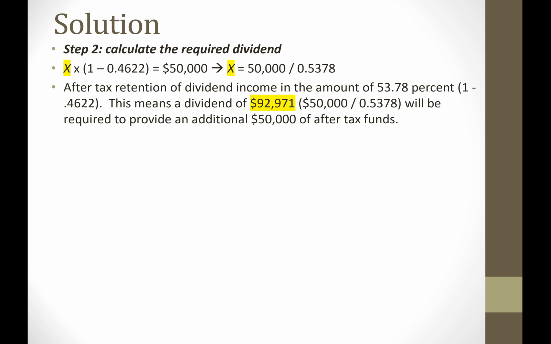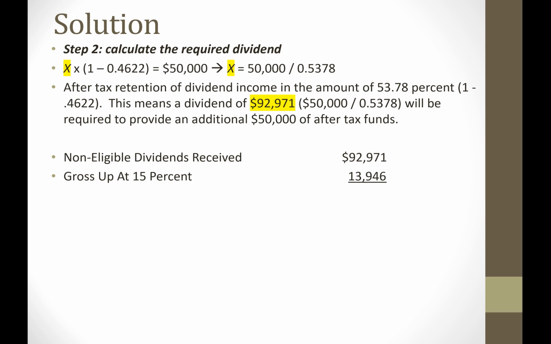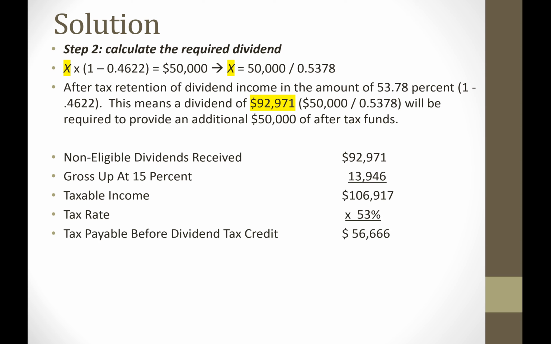Now, let's actually prove if this is correct. So let's go through the math. The non-eligible dividend, $92,971, needs to be grossed up by 15%, and so the taxable dividend is $106,917. Now, he's going to pay tax at 53%, and so the tax before the dividend tax credit is $56,666.